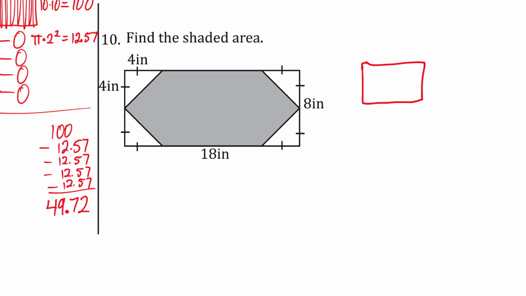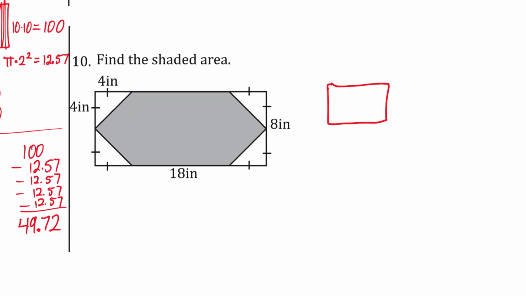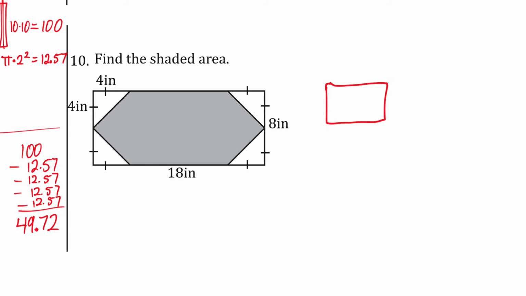So I'm going to take this rectangle, find its area. How am I going to find the area of that rectangle? Length times width, 18 times 8, which is 144.